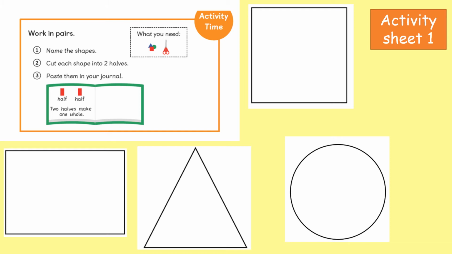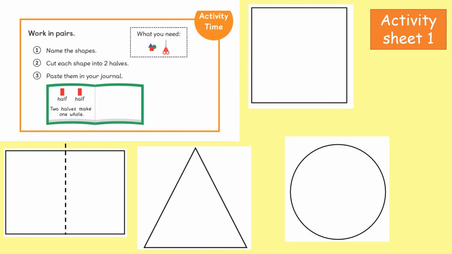Shall we have a look now, children, at another shape that has four sides and four corners, but not all the sides are the same length? We call it a rectangle. Here's our rectangle. Now I wonder, how did you cut your rectangle into two halves, into two equal pieces, into two equal parts? Okay, so let's see.